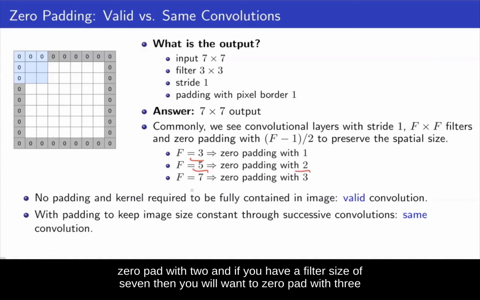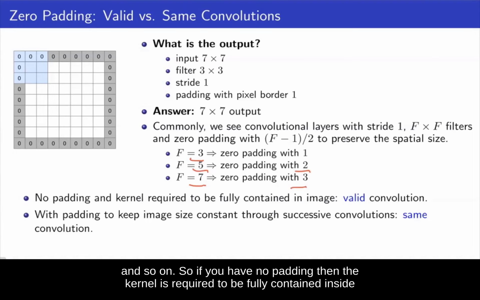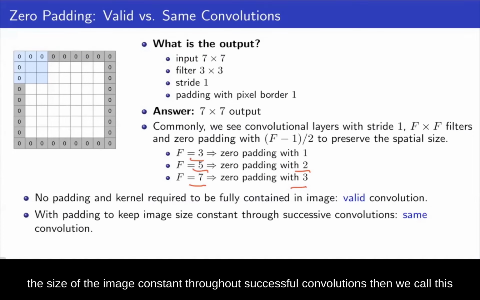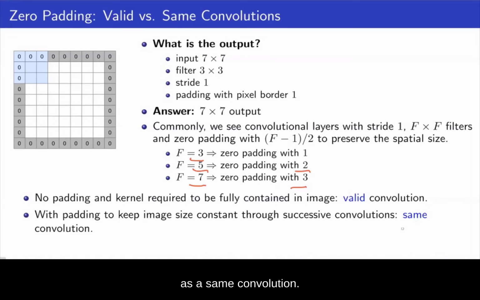If you have a filter size of 7, then you will zero pad with 3, and so on. If you have no padding, then the kernel is required to be fully contained inside the image, and we call this a valid convolution. If you have padding and you want to keep the size of the image constant throughout successive convolutions, then we call this a same convolution.